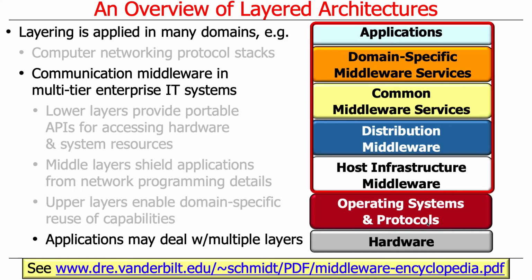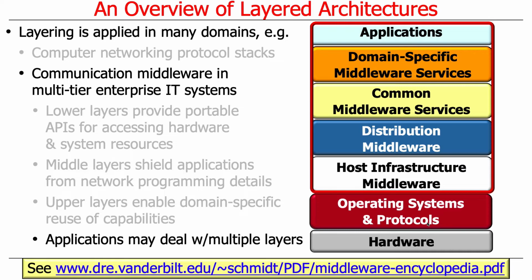Okay, so the point of this is just to say that applications may deal with one or more of these layers. And in modern practice, sometimes you'll write applications that work directly on top of the operating system. Mercifully, that isn't happening as much anymore as it used to, but it still happens once in a while. More likely, you'll access things through one or more of these layers, right? So if you're writing Java apps, and you're writing to the native, or lower layer parts of Java, the Java class libraries, that's kind of host infrastructure middleware.